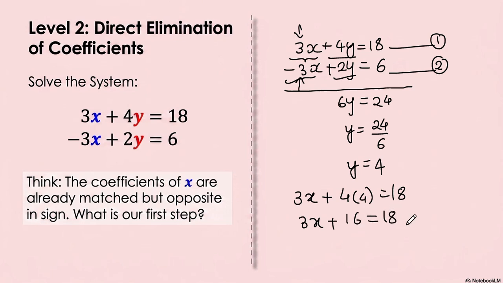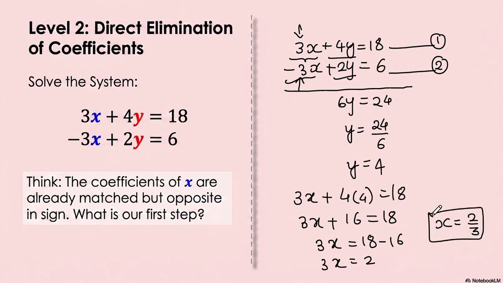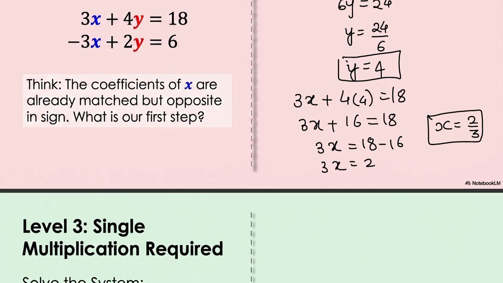If we take this 16 to that side, we will get 3x is equal to 18 minus 16, which is 2. So the value of x is 2 by 3 and the value of y is 4. So this is our correct answer. Look at the next question.